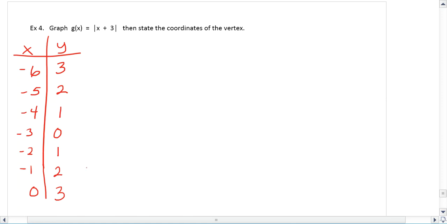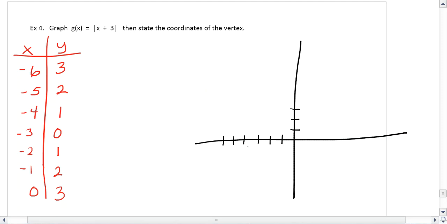So let's graph these points to see what it looks like. So here at -6, I'm up at +3. At -5 at 2. -4 at 1, and right here at -3, I'm back to the 0. At -2, I'm up here at 1, -1, it's climbing again, and at 0, I'm up to 3.